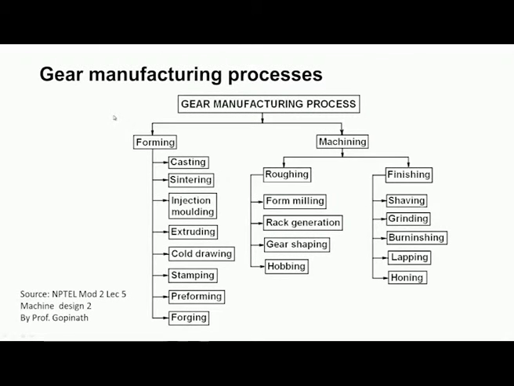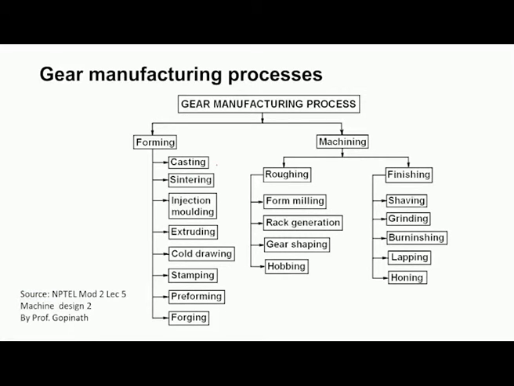Now, we will move to the gear manufacturing processes. We can make the gears by forming operation, which is a chipless operation, or we can machine the gears. In the forming process, different methods are available.